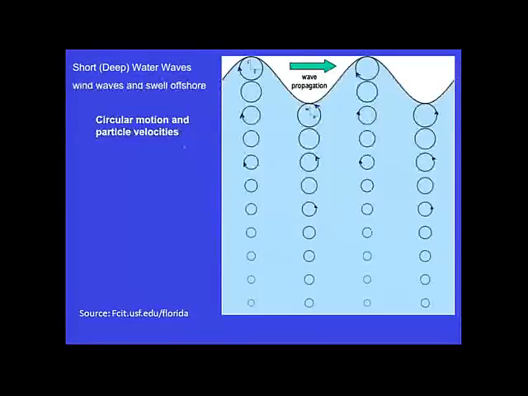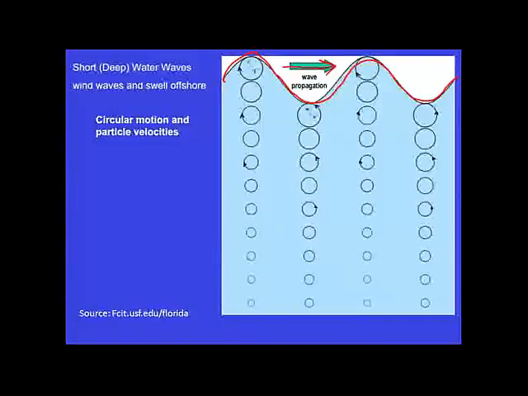So when you have waves, it turns out that if we look at the water movement or particles, as the wave goes in this direction, here's the wave passing through the water, you get the most movement up near the surface.